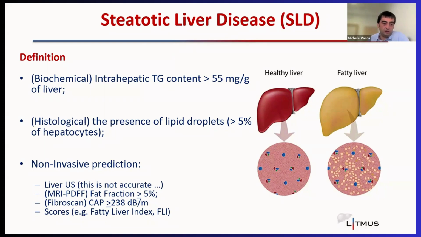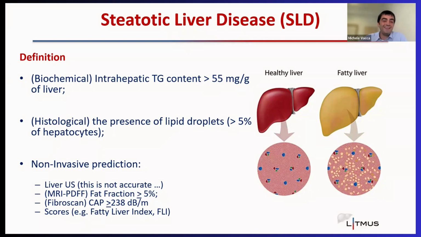The most accurate are represented by magnetic resonance imaging, for example, PDFF, when the fat fraction is more than 5%, the CAP probe with the FibroScan, and there are also some non-invasive biomarkers, like, for example, the fatty liver index, that predict really well if the patient has fatty liver, and then we can plan some specific diagnostic pipelines for the patient.